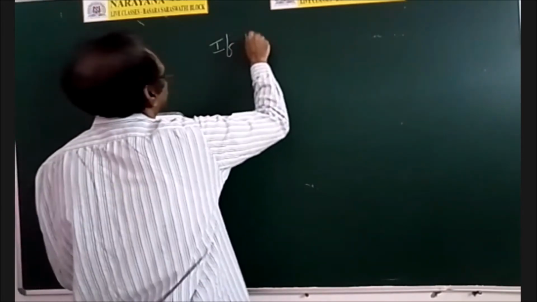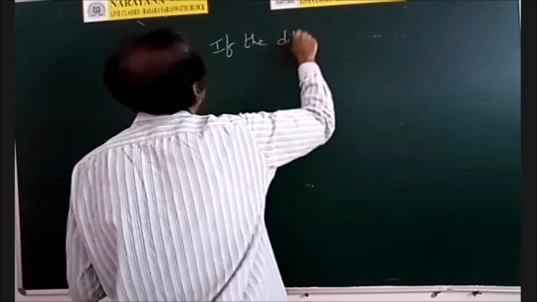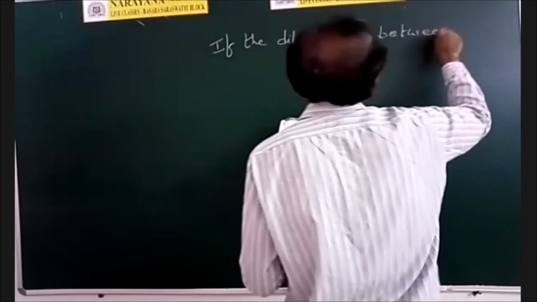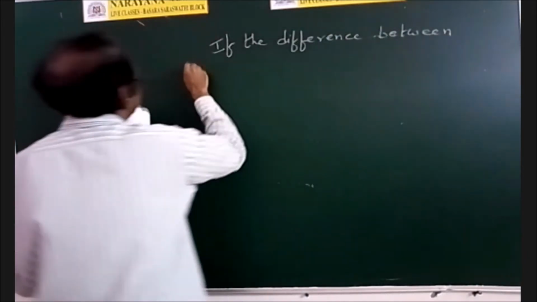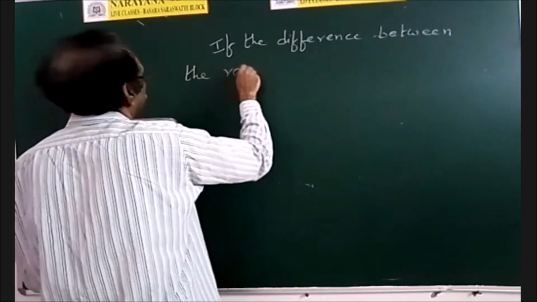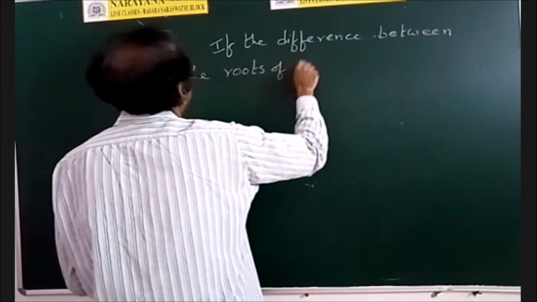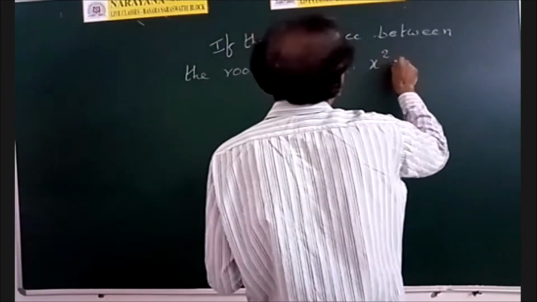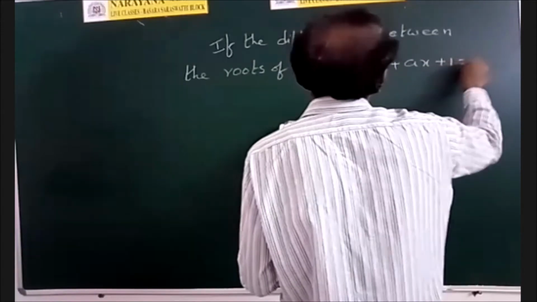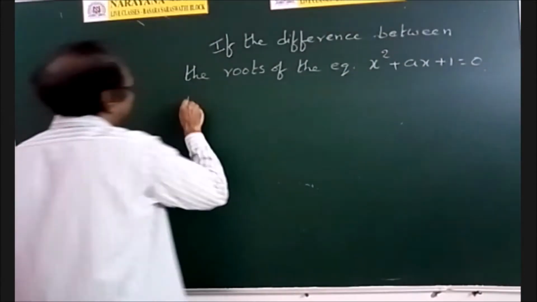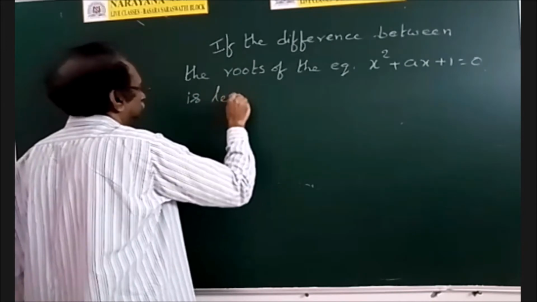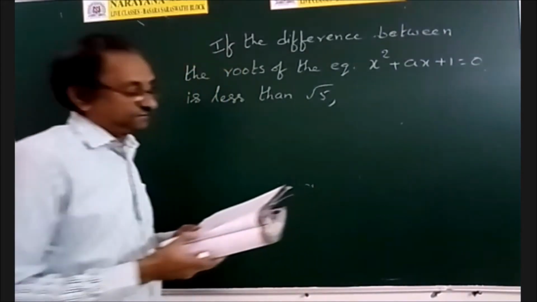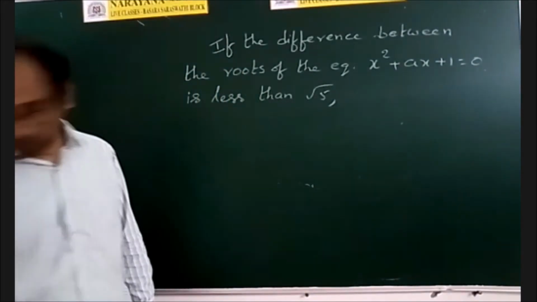If the difference between the roots of the equation x square plus ax plus 1 is equal to 0 is less than root 5, then a belongs to which interval?